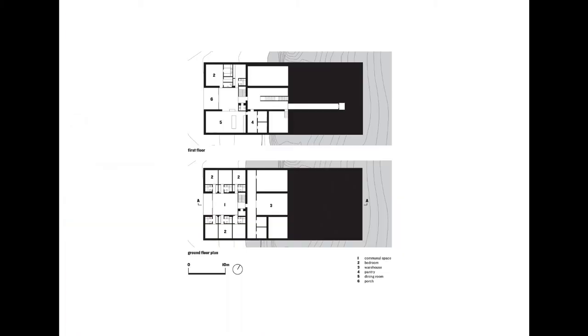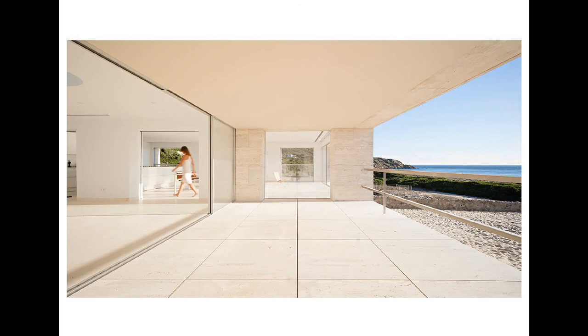I would like to show you some interior photos too. This is the first level with the view and the visual connection, with the dining room and big glass facades and glass surfaces.